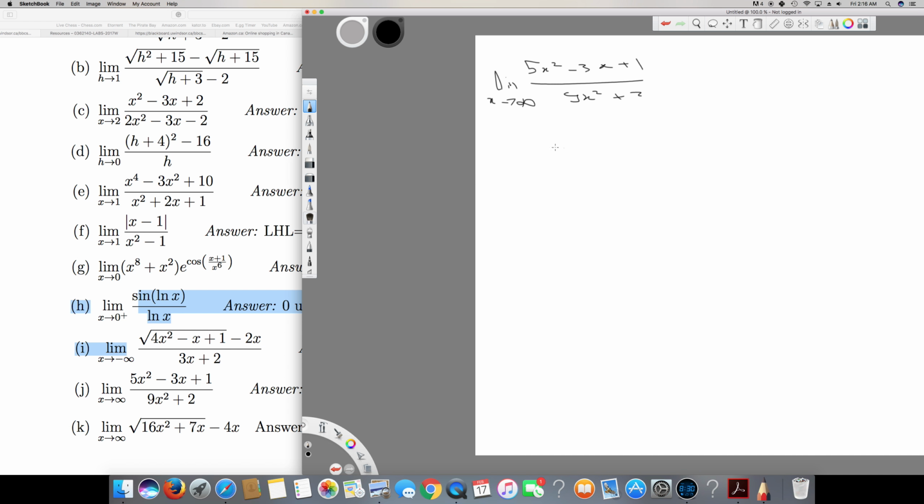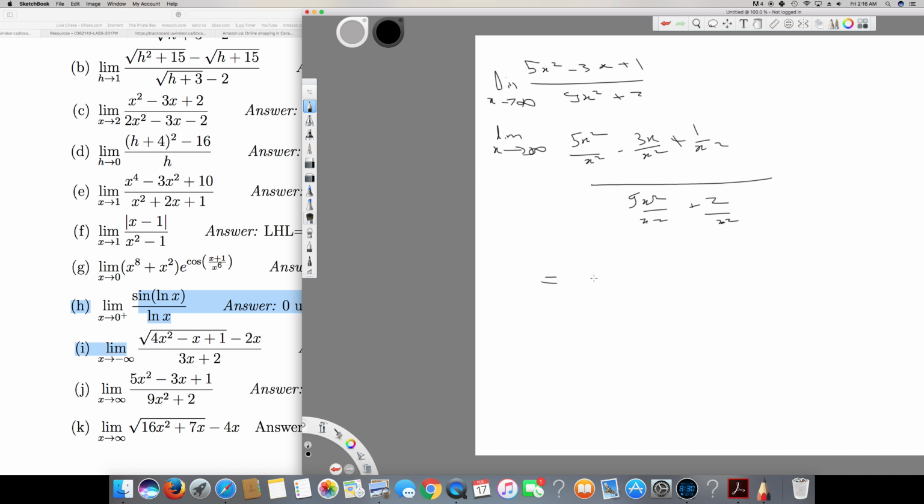I'm going to divide everything by x square. So 5x square over x square minus 3x over x square plus 1 over x square over 9x square over x square plus 2 over x square.